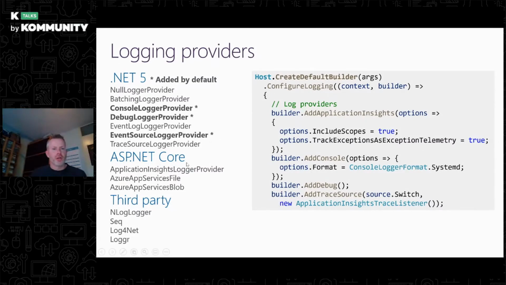There's other log providers from ASP.NET Core that are closely related to the fact that if you have a web application, a web API, you're probably running somewhere in the vicinity of Azure that you're hosting there, or that you're using App Insights. And App Insights is also a topic that we'll cover later on. And there's third-party ones.